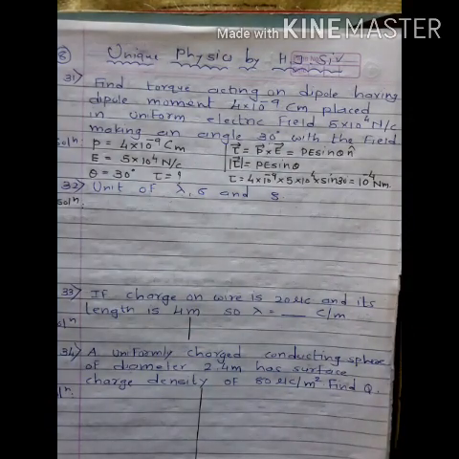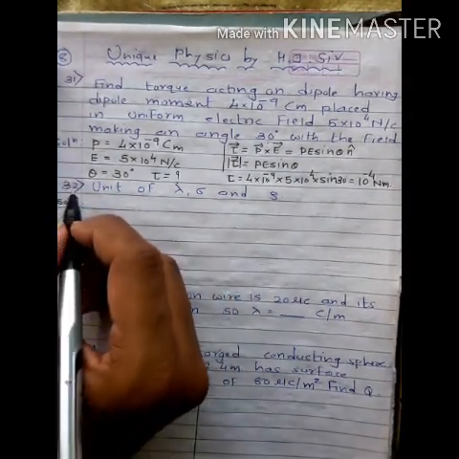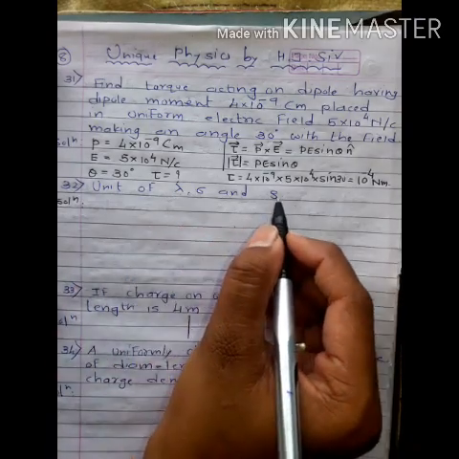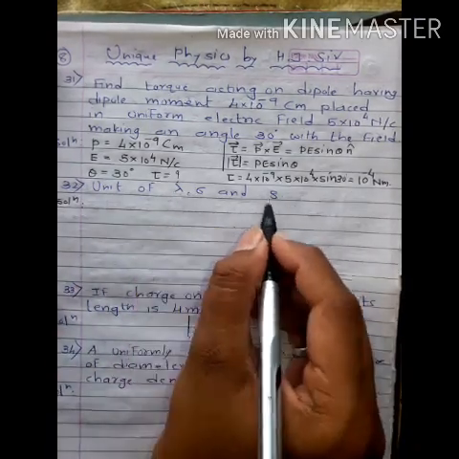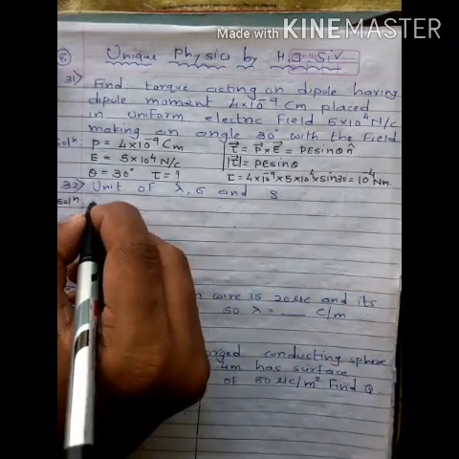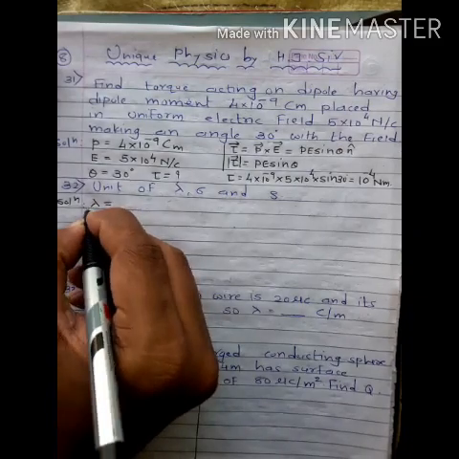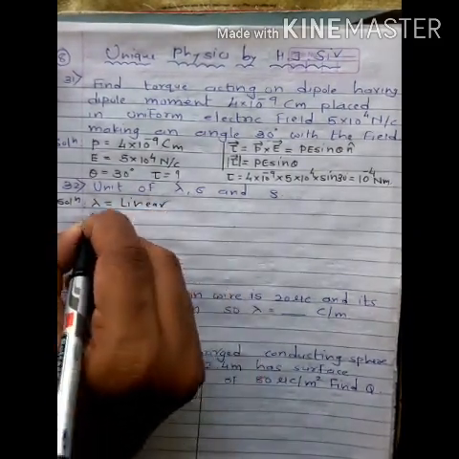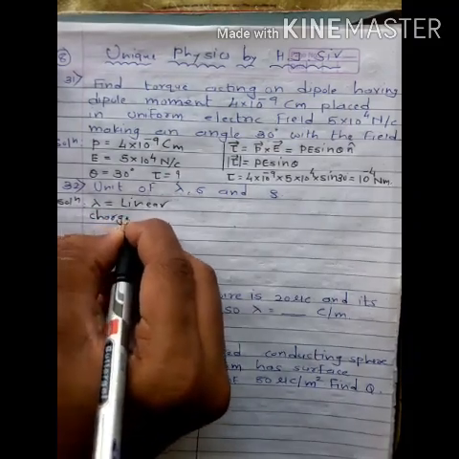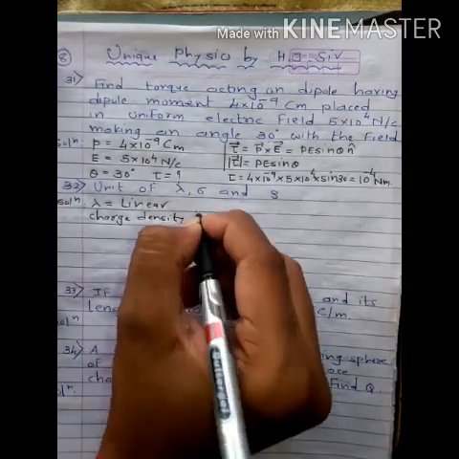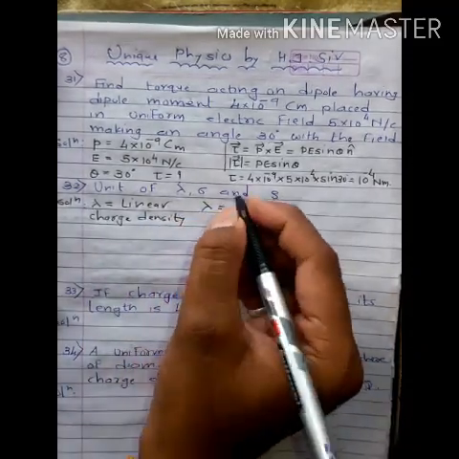Next MCQ, MCQ number 32. Unit of lambda, sigma and rho. These three are main quantity of our first chapter. Here, first symbol lambda represents linear charge density. Remember its equation.